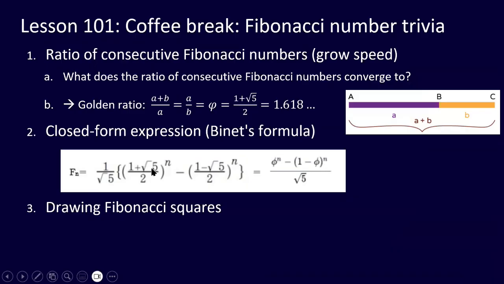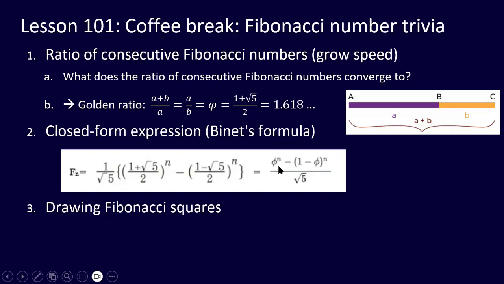Although this contains the square root of 5 and powers of those numbers, strangely, this always produces natural numbers starting from, as usual, 0, 1, 1, 2, 3, 5, 8, something like that. This is also written using the same phi as here. Please check yourself if you are interested. Okay?